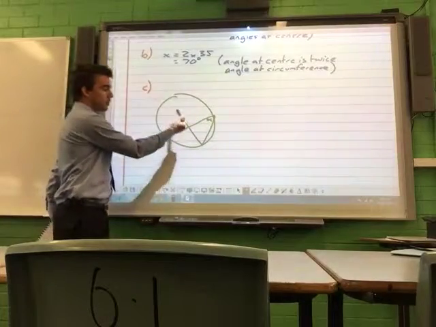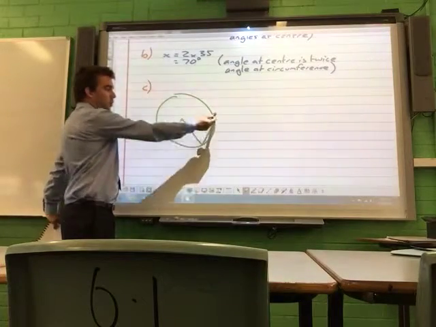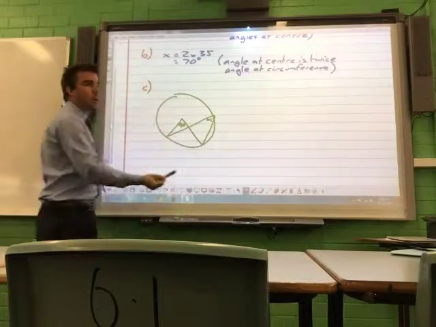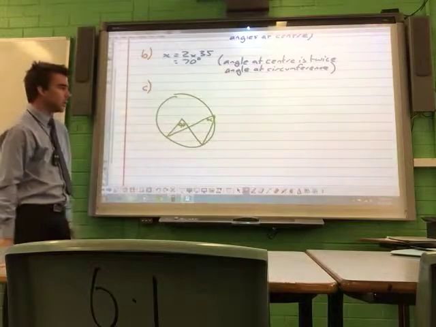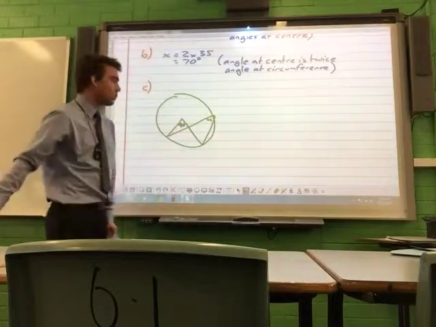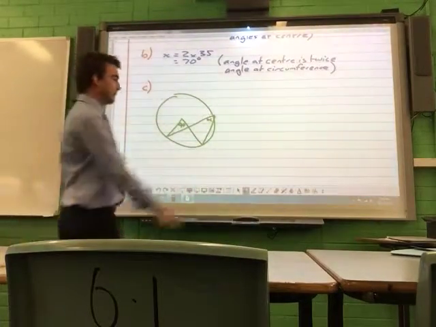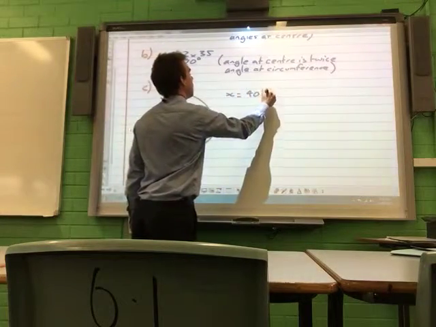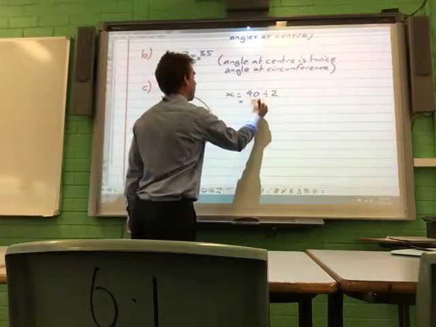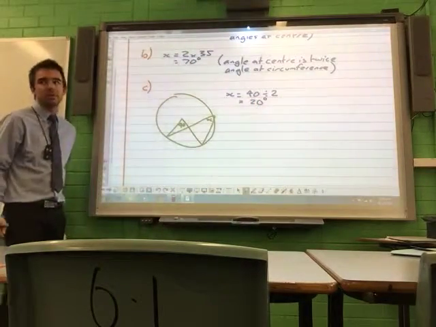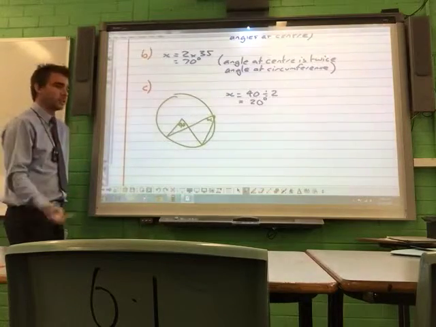You're identifying two radii, common point, chord drawn to the end of those radii, the property is the angle at the centre is twice the angle at the circumference. So the angle at the circumference is the smaller angle. So x is going to be 40 divided by 2. You don't need to write 40 divided by 2. I'm just showing you that's the process you need to be thinking.